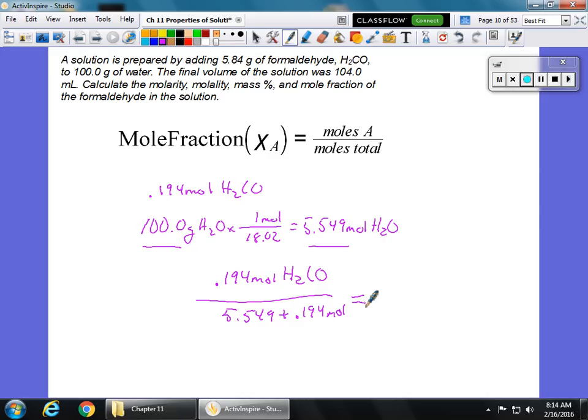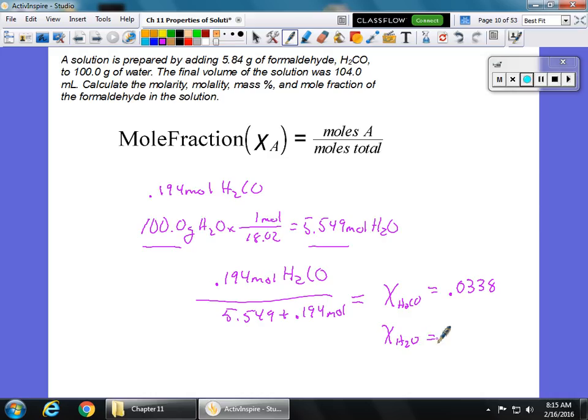So it's going to be part of 1. So the mole fraction, which is this symbol that looks like an X, it's a chi, of H2CO, is going to be 0.0338, which means that the mole fraction of the water, the solvent, is going to be the difference here.